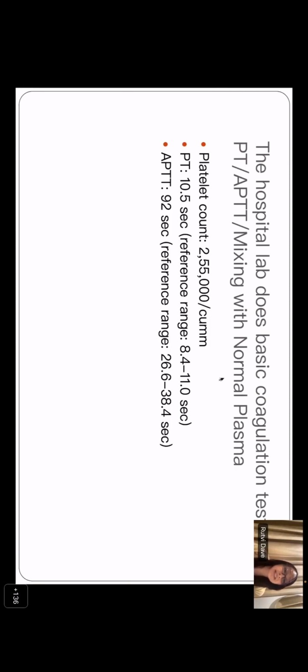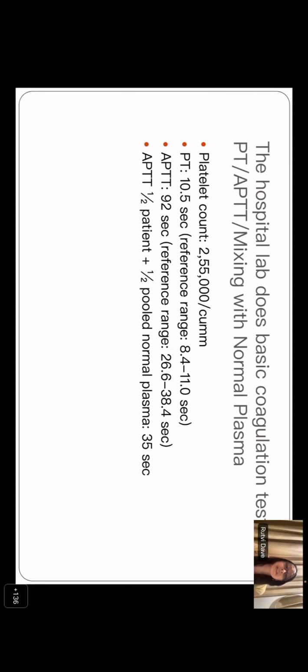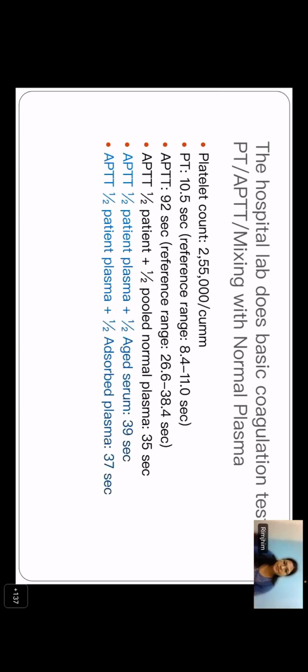You do mixing studies. So we did the mixing study with pooled normal plasma. It gives a value of 35 seconds. What does it tell you? Factor deficiency, as it corrected. Yeah, so we are dealing with a factor deficiency. So we did the 8 serum and adsorbed plasma mixing studies, and the 8 serum is giving a value of 39 seconds and the adsorbed plasma is 37 seconds.